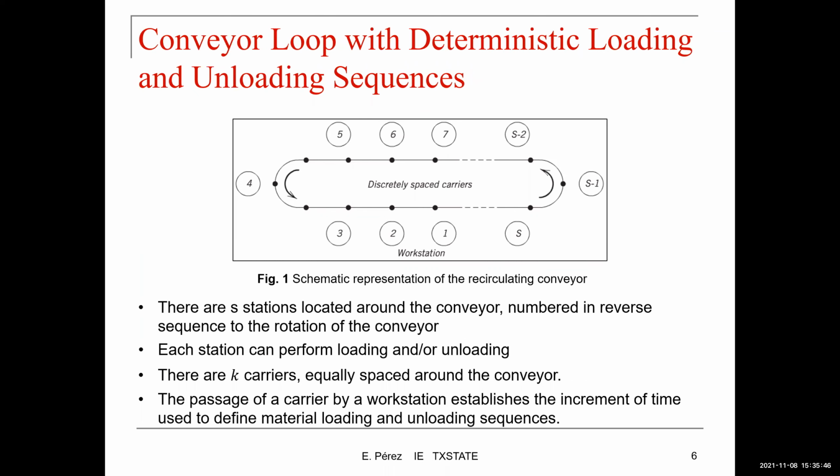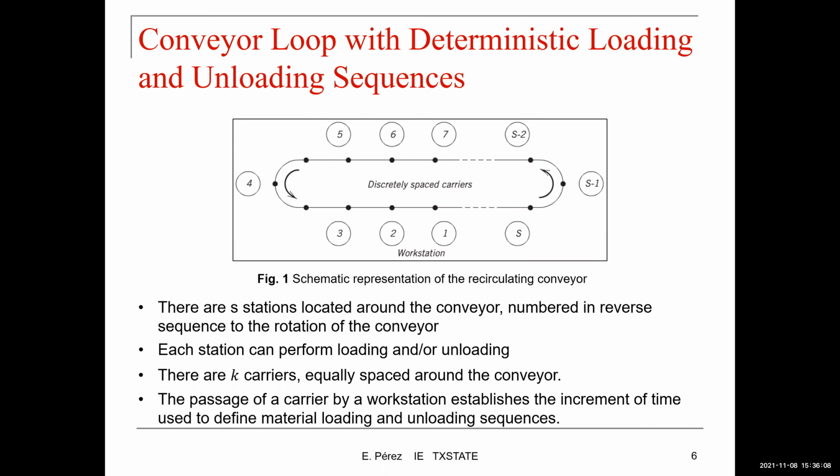This is the type of model that we studied, in which we have a specific number of stations located around the conveyor belt, which is represented by this line. And then we have the little black dots representing the carriers for the conveyor.